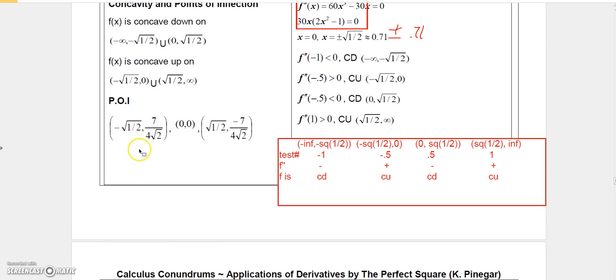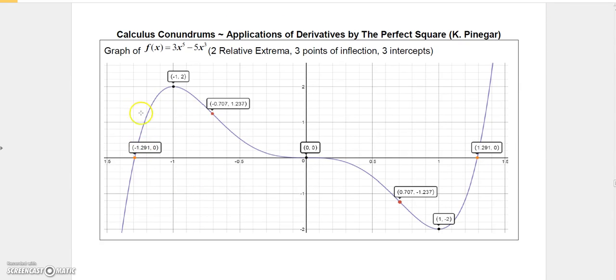All right, so now let's put the graph together real quick. Okay, so let's pretend the graph isn't on here. And so let's say I plot the extreme values, -1, 2, and then I plot 1, -2 for that. And then I plot the intercepts, which would be here and here, and then I plot an intercept here.